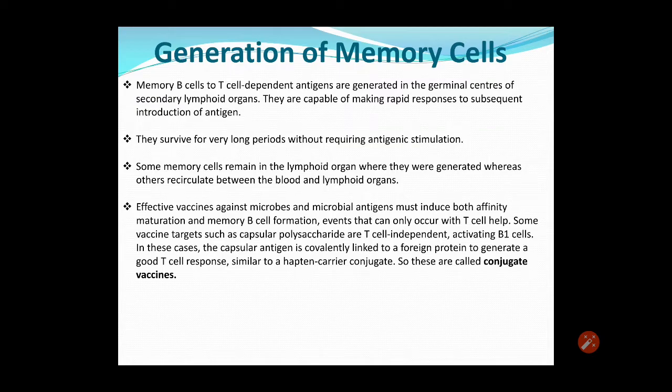After the threat has been dealt with, some of these will differentiate into these long-lived memory cells, and these will then hang around within the lymph nodes to monitor. If they see that antigen a second time, they will respond very quickly and churn out these high-quality antibodies.